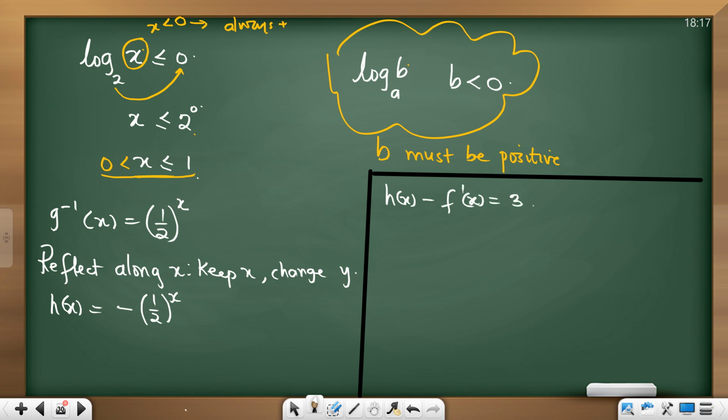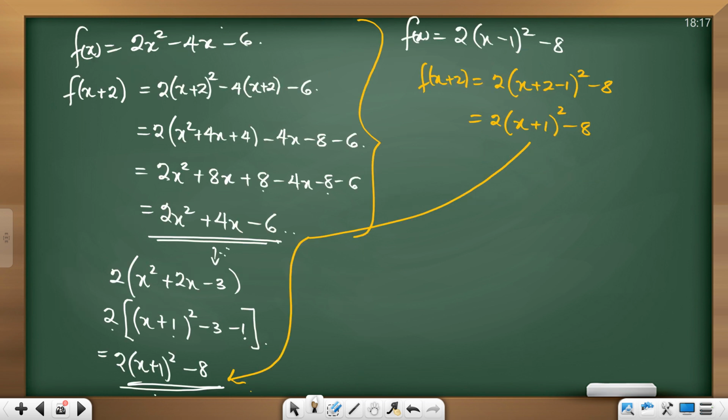Guys, quickly, let's revise calculus. I'm not doing anything now, you are doing it. What is my f of x? Please quickly find me f prime of x. Everybody, write your answers down. F prime means you derive. We are looking for f prime.